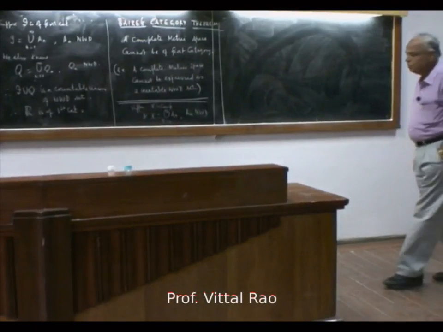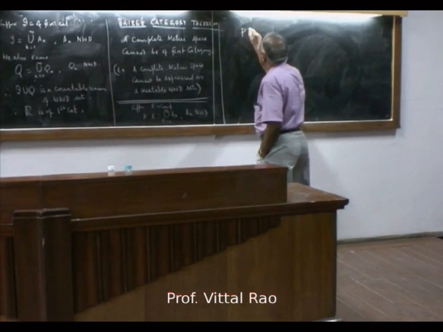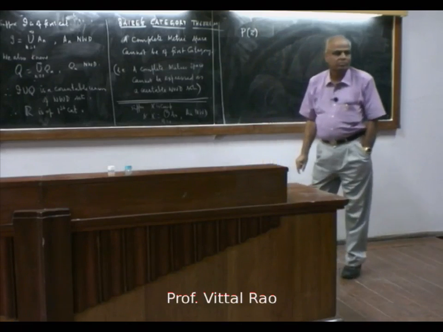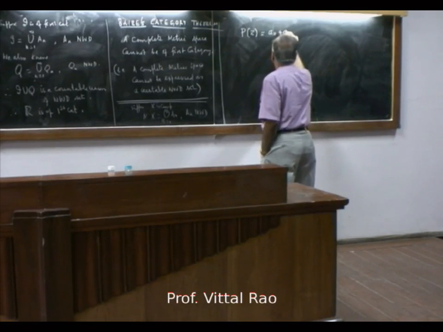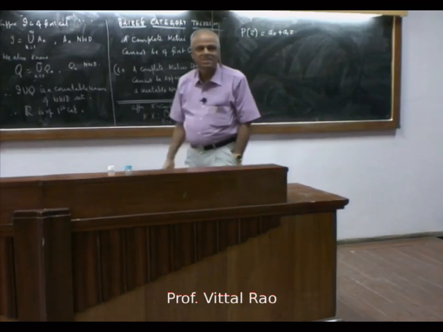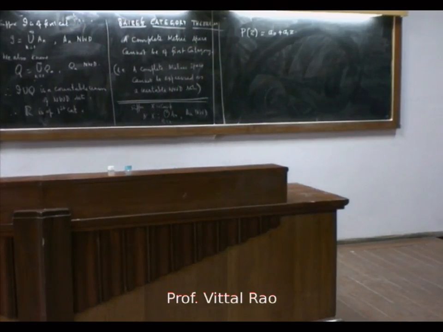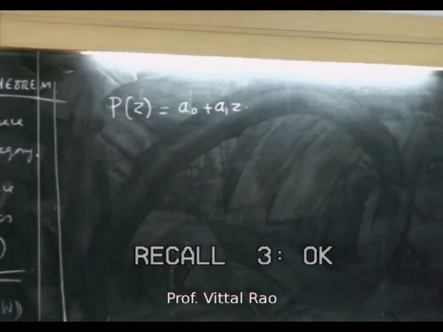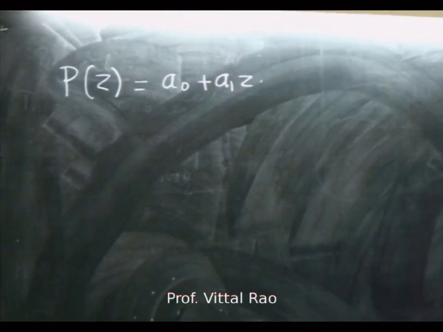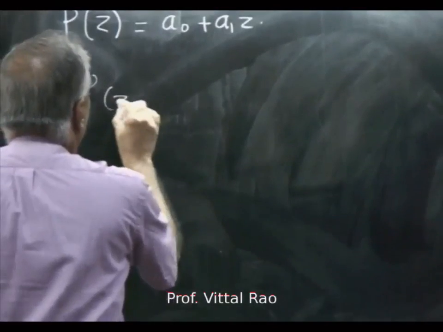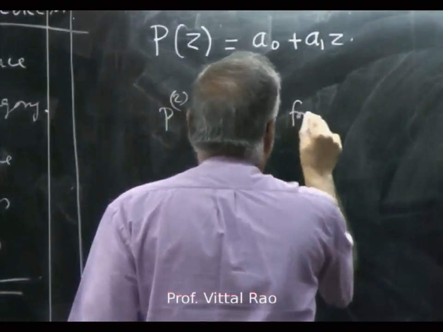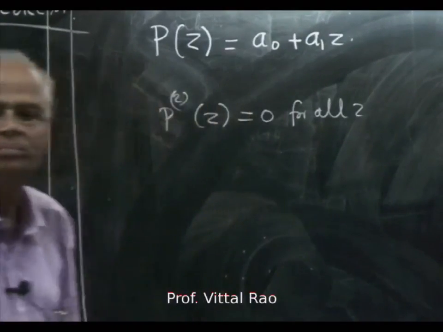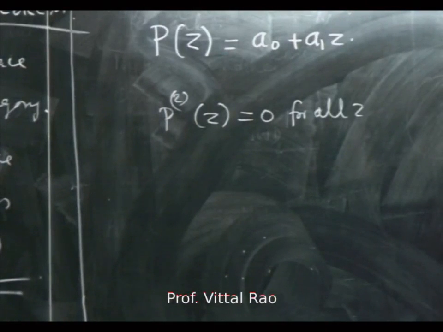Now suppose I have a polynomial of degree 2. Let us say first of degree 1. Then if you look at the second derivative, what is that? We take a polynomial of degree 1, the second derivative is 0 at all the points.